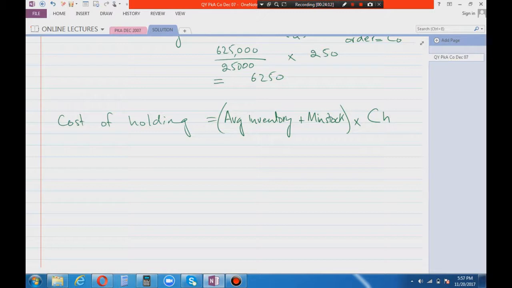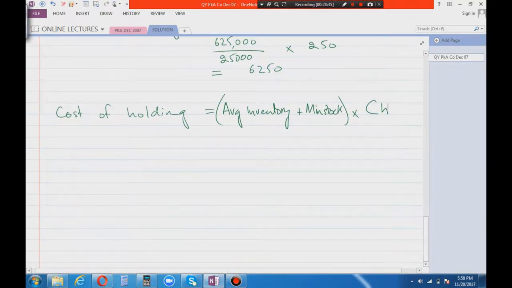It will always be here. The minimum stock will always be here. It's not going to change, right? But the rest of the inventory, obviously it decreases when you use it in the production. It increases when you have delivery outside, right? So the rest of the inventory will change, but this is not going to change. This will cost us always, right? So you have to add minimum stock when you calculate your cost of holding, because you have to hold it every time, right? Then it means it is going to cost you, right?